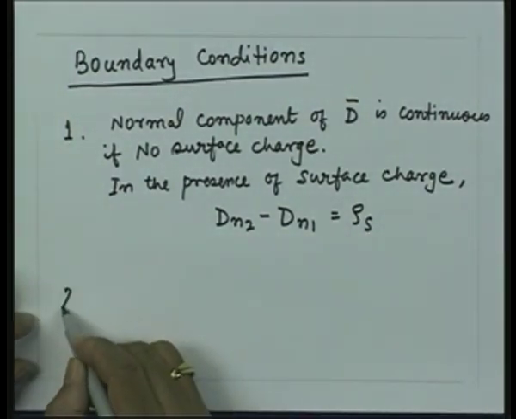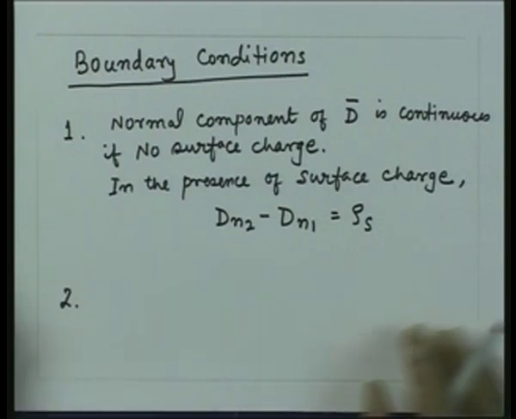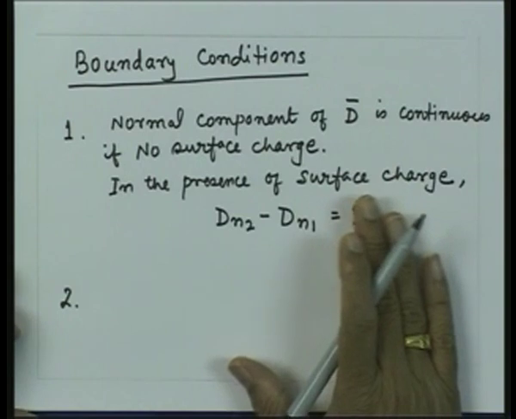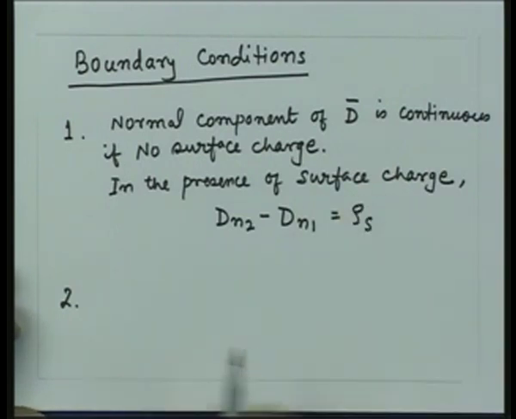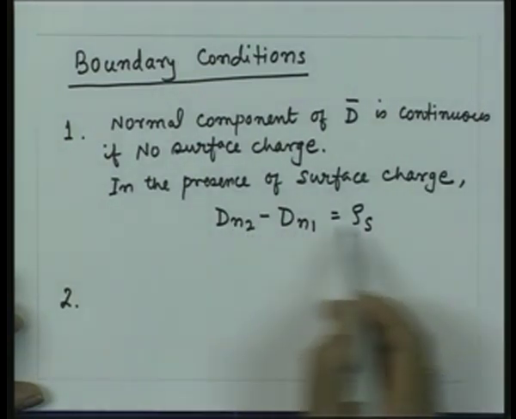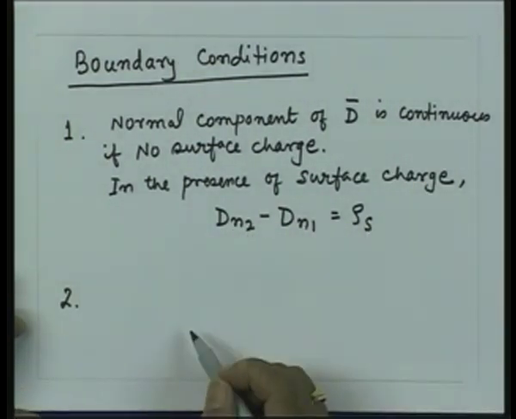The second boundary condition is for the magnetic flux density, and as I mentioned, this quantity, the magnetic charge density, is always 0 because we do not have free magnetic monopoles. So, this quantity is always 0 for the magnetic flux density.